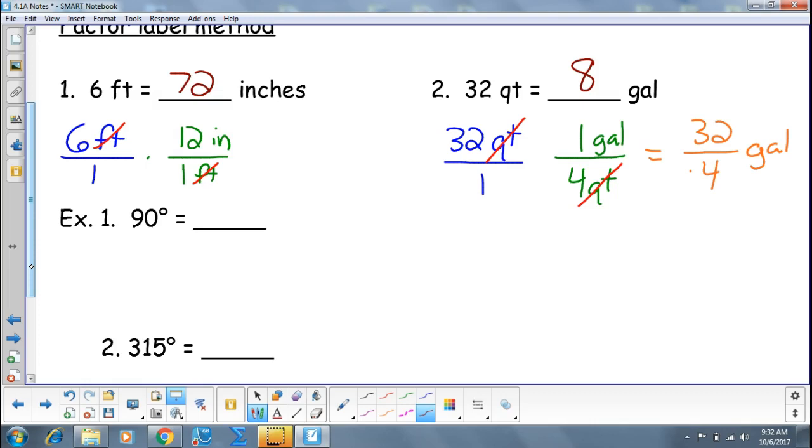I'm going to start with 90 degrees over 1. Now I want to get rid of the degrees and leave me with radians, so my conversion is going to be pi radians over 180 degrees.